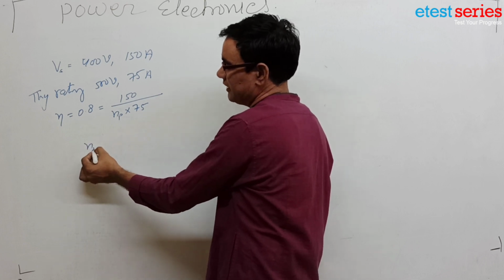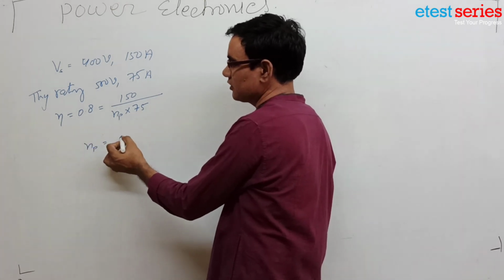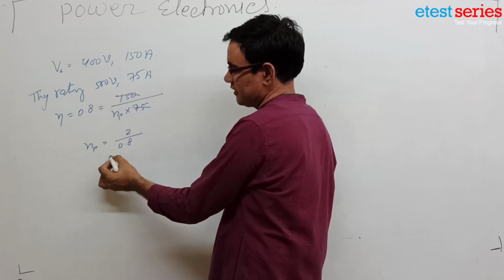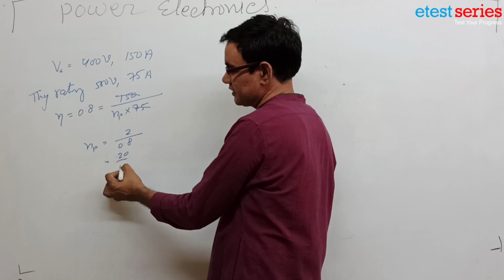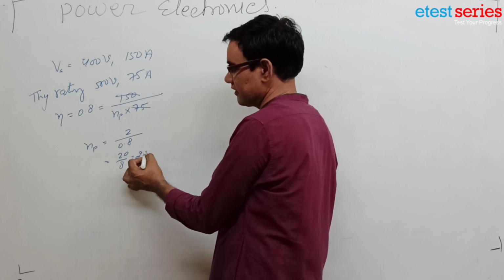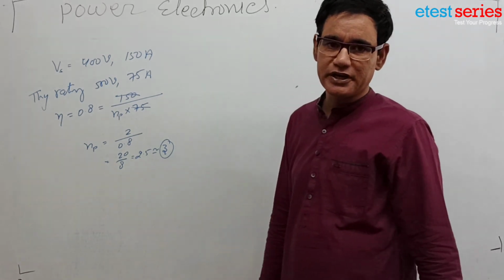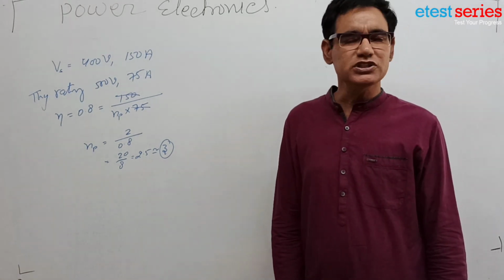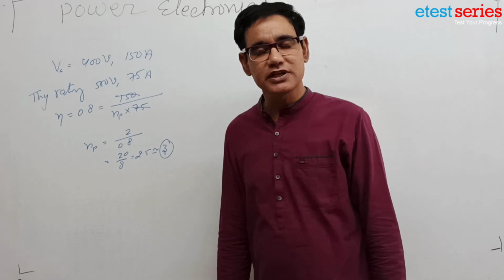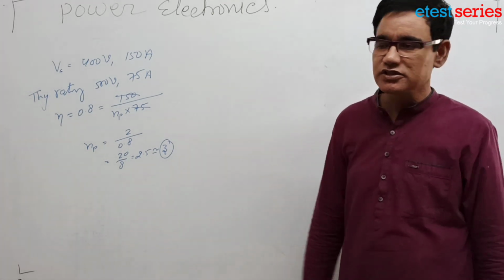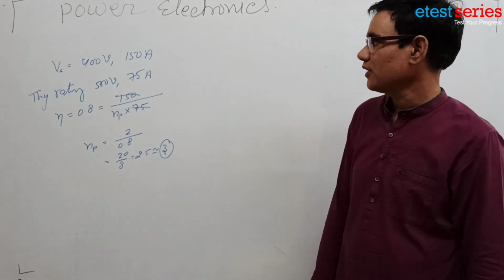So NP, the number in parallel, is equal to 2 divided by 0.8, which is 20 by 8, so this is 2.5. So it is approximately 3. 3 SCRs should be connected in parallel. So this is the way we find out how many SCRs are required to be connected in parallel.